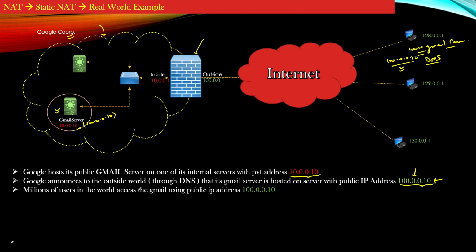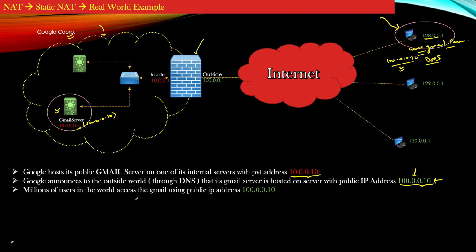Now millions of users in the world access Gmail using its public IP address. Let's say we have a user sitting somewhere on the internet with a public IP address 128.0.0.1. This is a user with a public IP address connected to the internet.